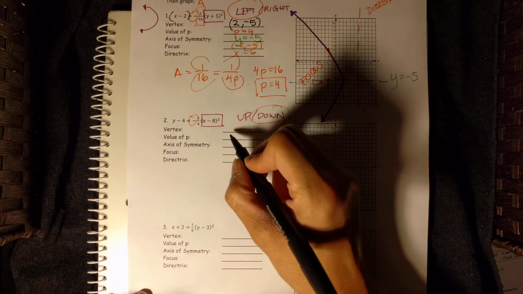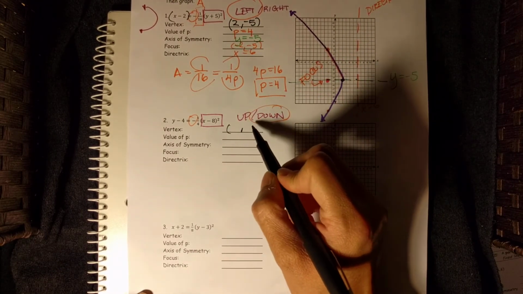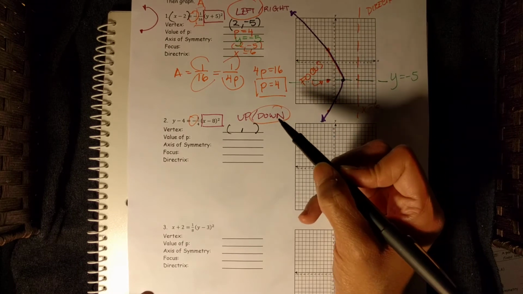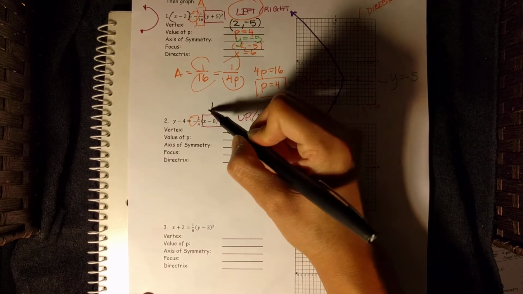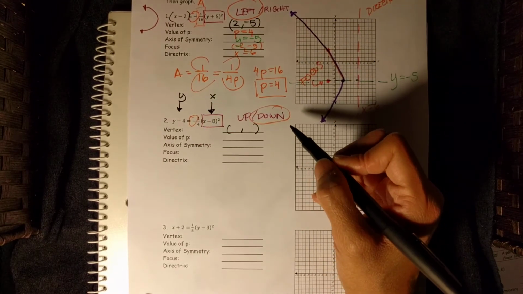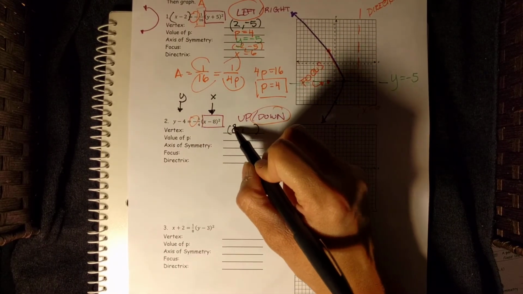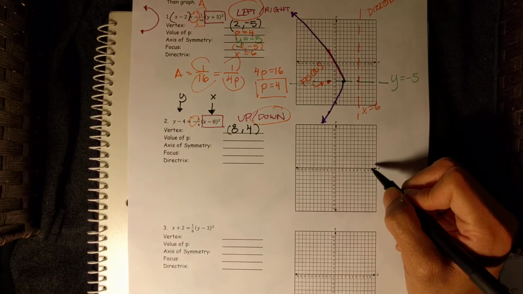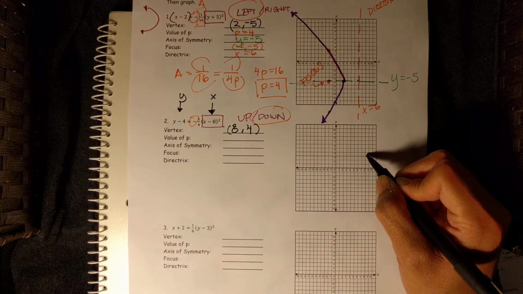So again, the vertex is very much what you expect, but you have to be careful of order. The x is right here, the y is right here. Make sure you put them in x, y order. So this is going to be 8, 4. You're going to go to 8, 4 and draw yourself a vertex.